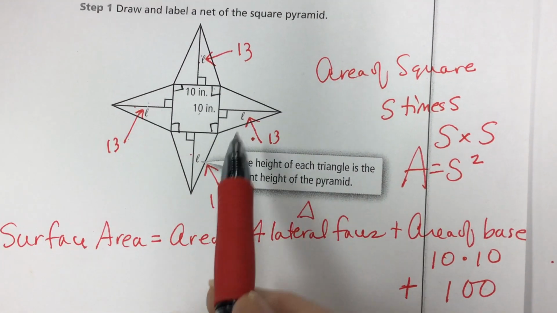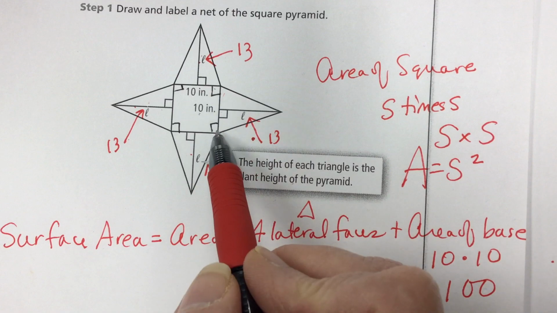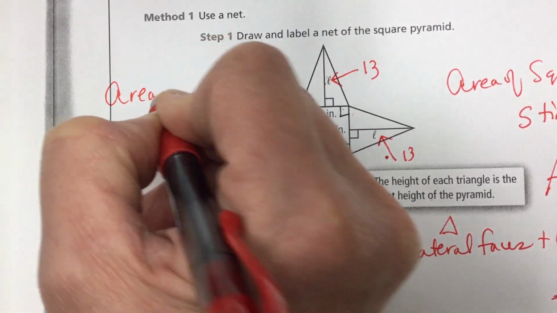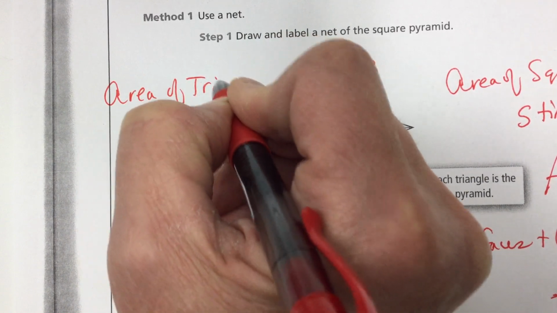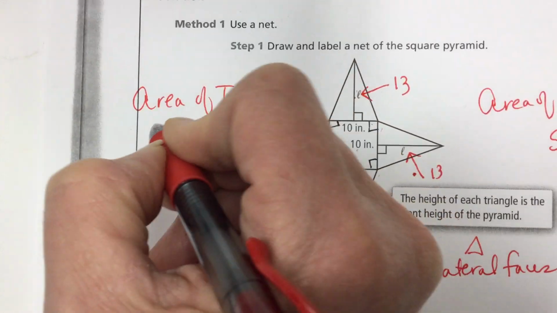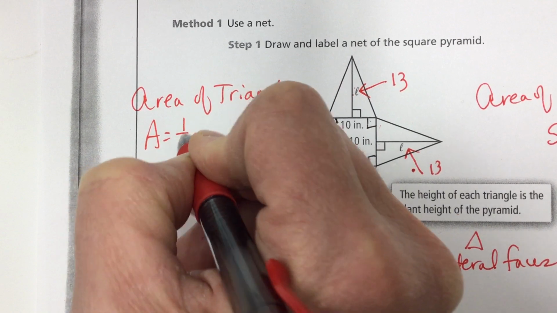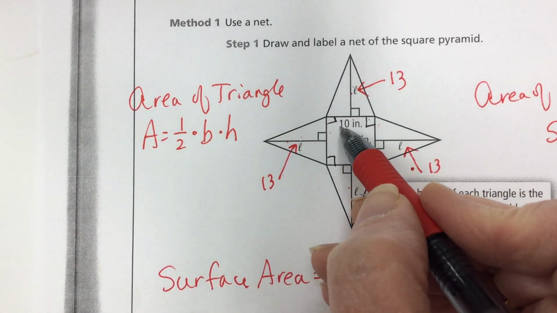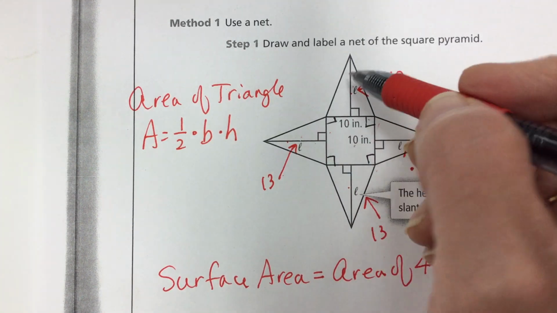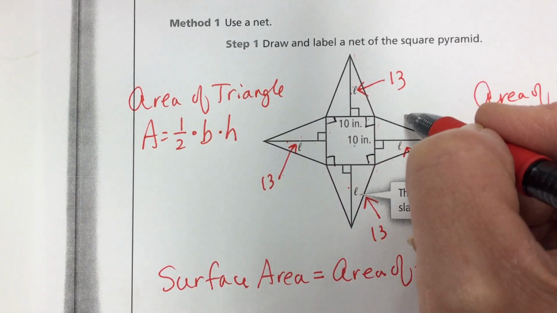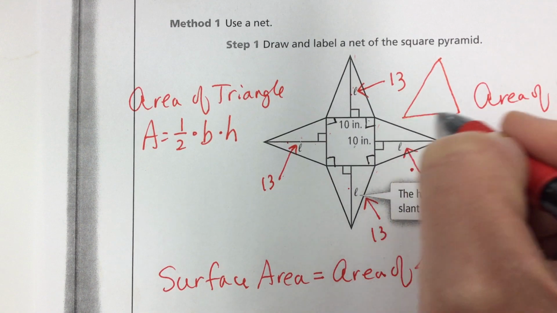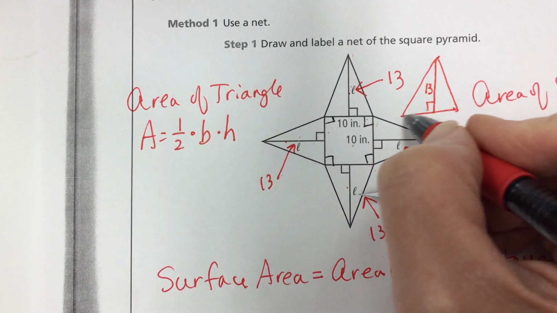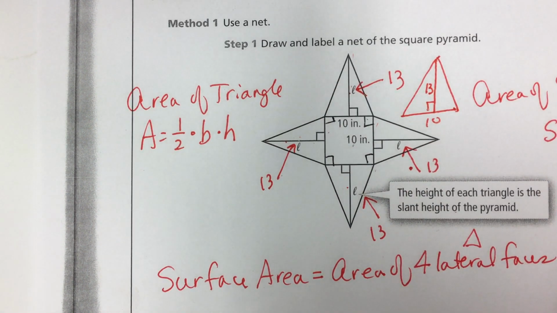Now, how do we find the area of a triangle? The formula is area equals 1/2 times the base times the height of your triangle. So let's look at this triangle on the top. My height is 13, and my base is 10.